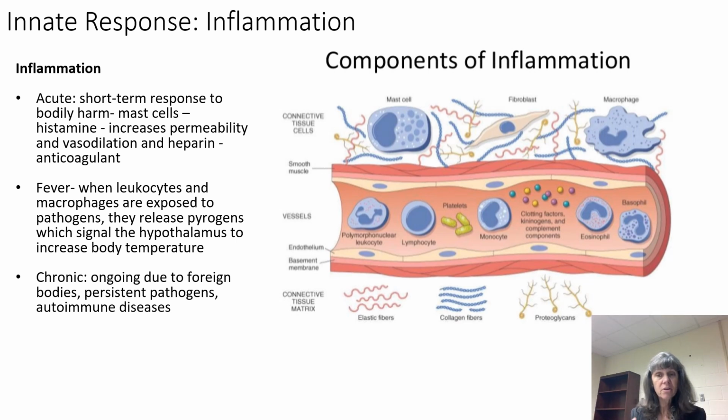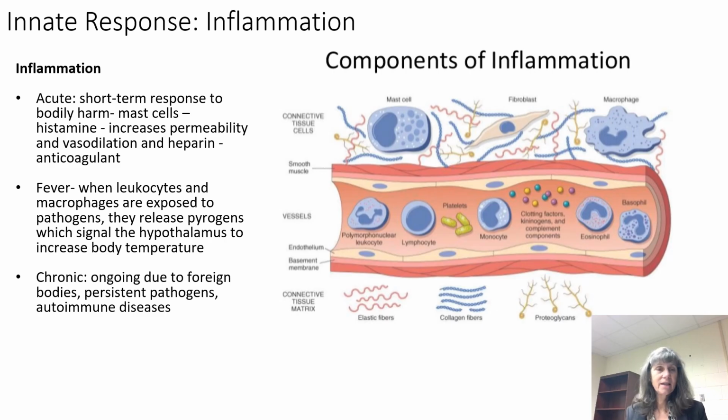And if a local infection is severe, after the neutrophils and macrophages eat up the pathogens, they die. And when a person has a collection of pus, that's basically just the dead cellular remains of those cells, the neutrophils and the macrophages.